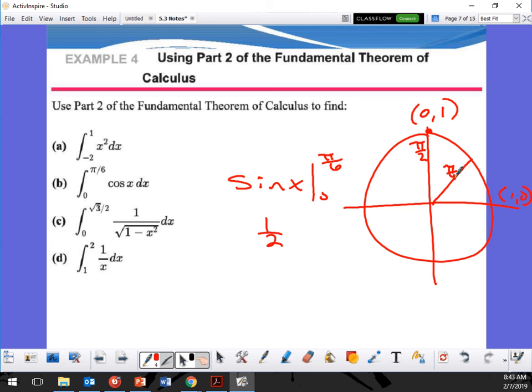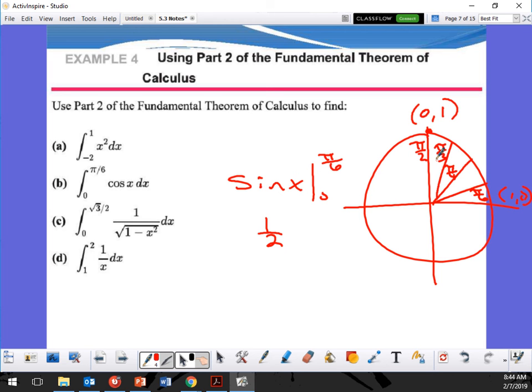Next one down, this one right here is going to be pi over 6 because it's half of pi over 3. So this is 60 degrees, 120 degrees, and 180 degrees.